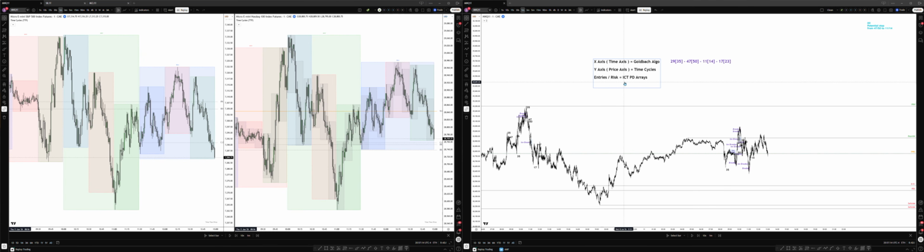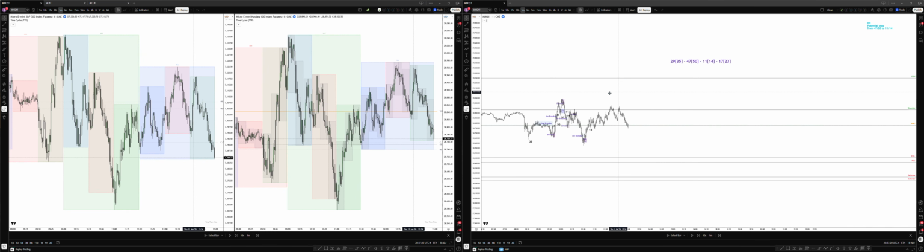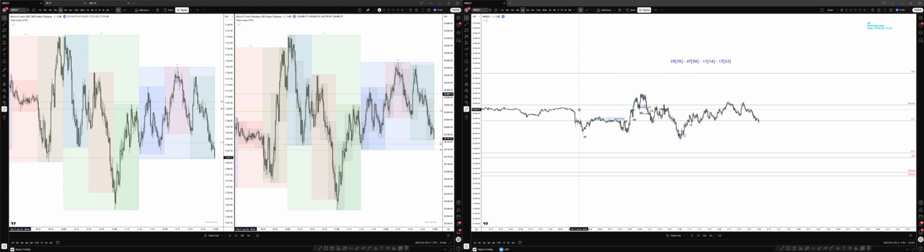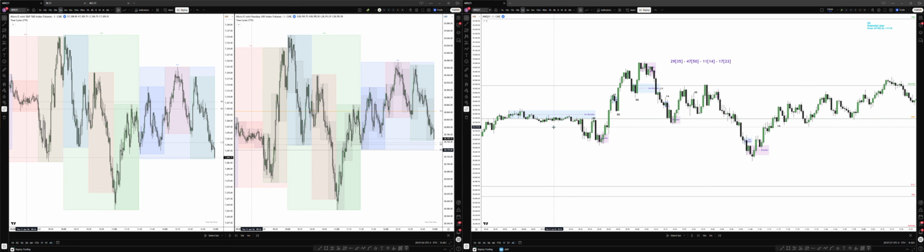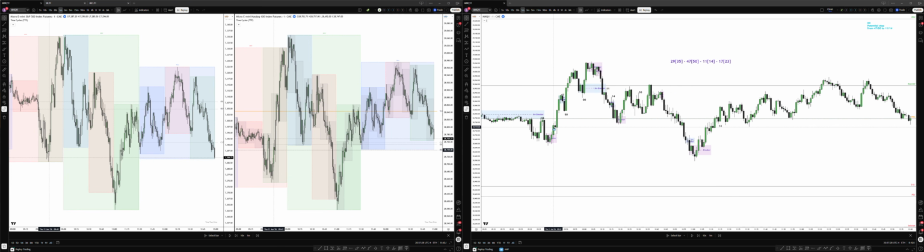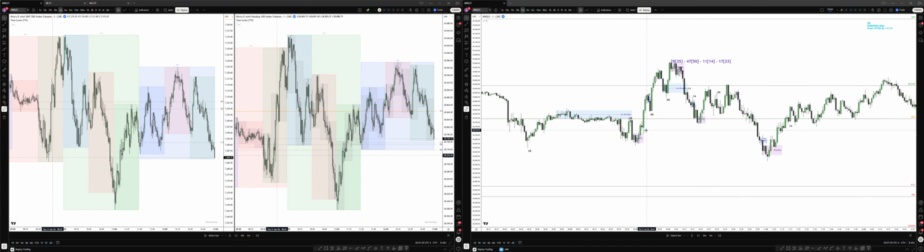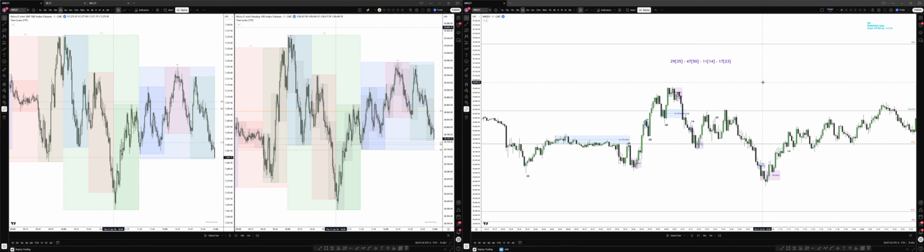And then for entries and risk, we're using the ICT PD arrays, such as the breaker, order block, fair value gap, inversion fair value gap, and that's pretty much it. So breaker, inversion breaker, fair value gap, inversion fair value gap, order block.